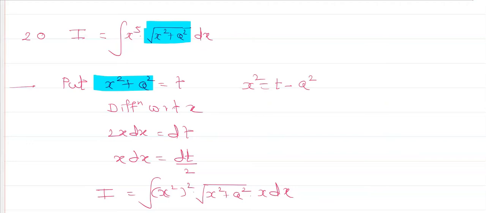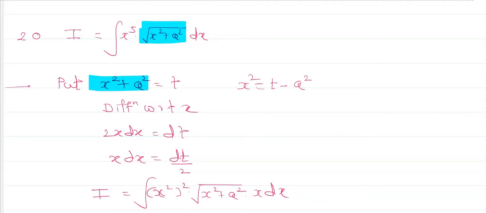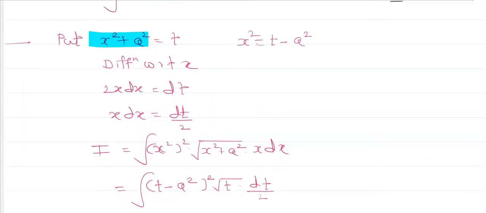You don't have x here, but here we can write this x raised to 5 as x raised to 4 into x. And then we can get the value of x here. Therefore 2x into dx is equal to dt, therefore x into dx is equal to dt upon 2. This is an important value, we require this value.